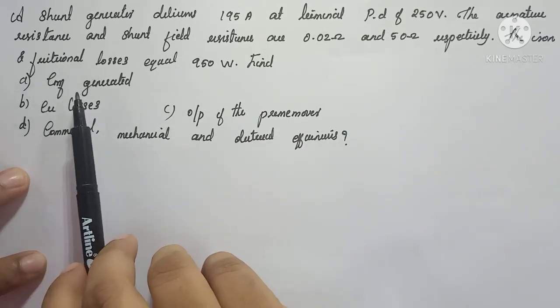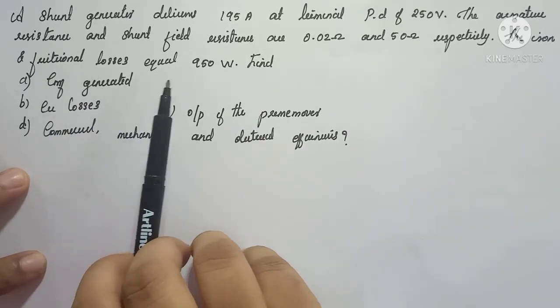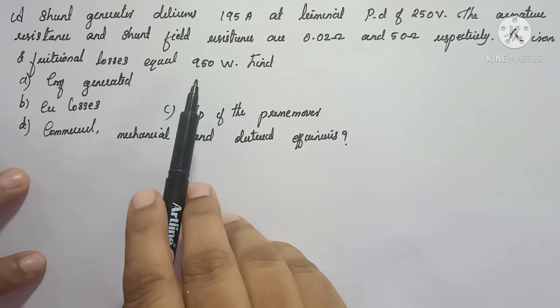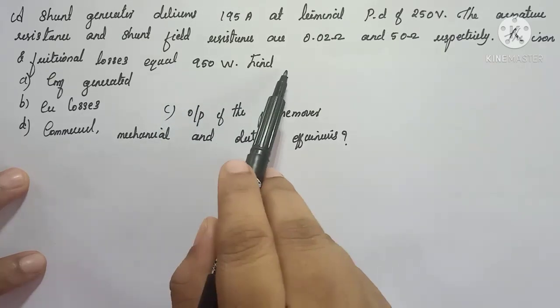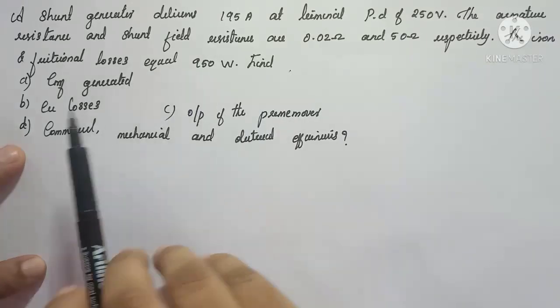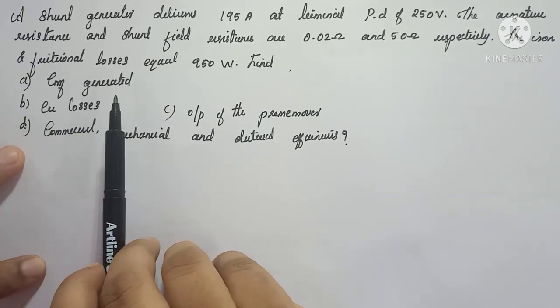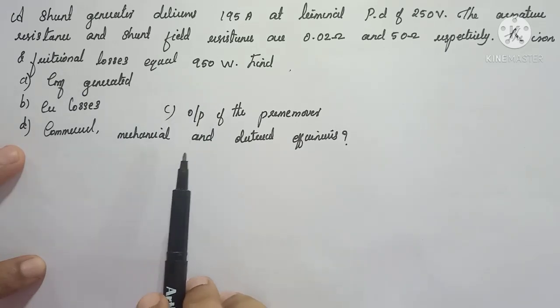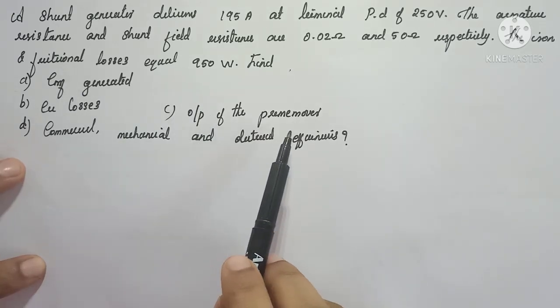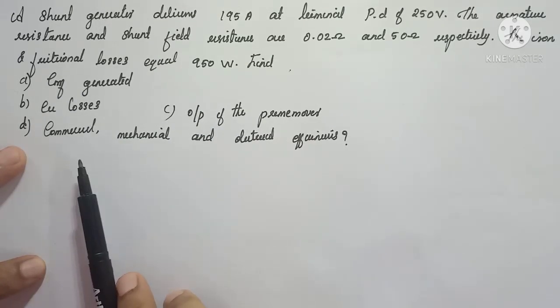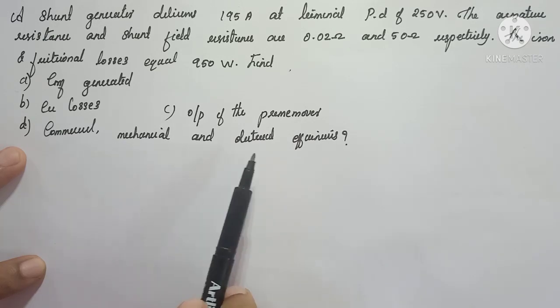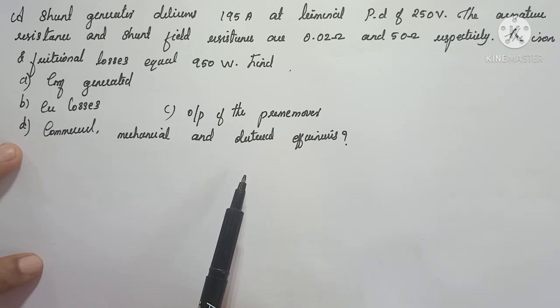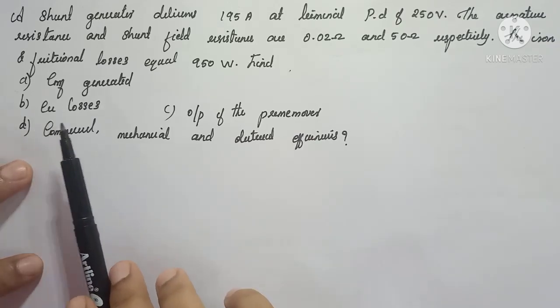The iron and frictional losses equal 950 watts. Then find A, EMF generated, B, copper losses, C, output of the prime mover, and D, commercial, mechanical and electrical efficiencies. So we need to find these four parameters.